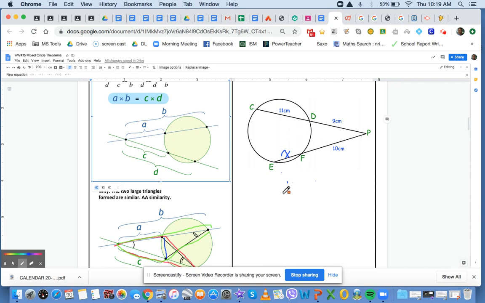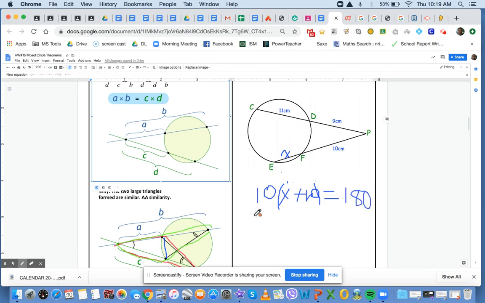So we have 10 times, let's say, X plus 10. This is really hard to draw. Equals, and then we have, what would that be? 9 times 20. So the small times the whole thing, 9 times 20 is 180.